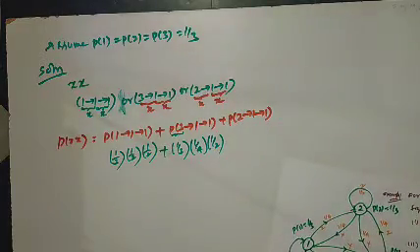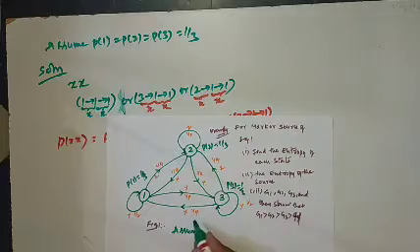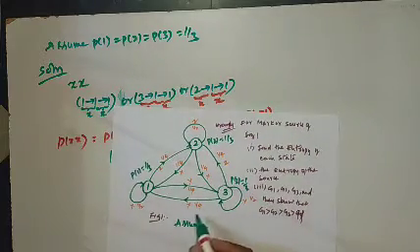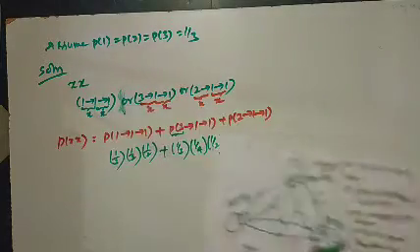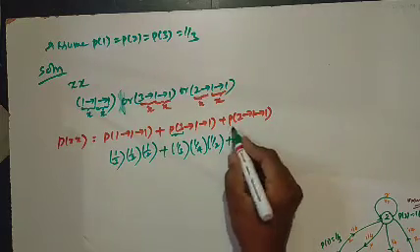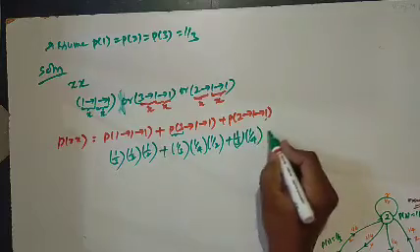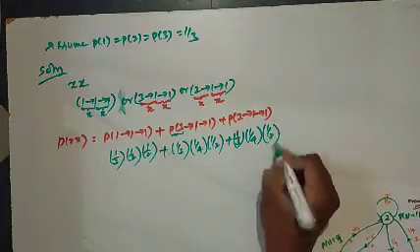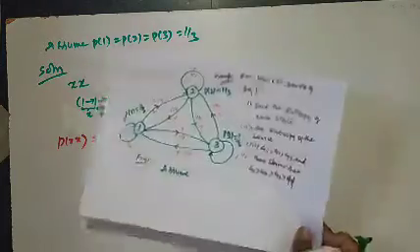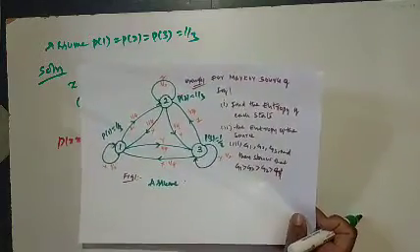Plus, the probability of 2 is 1 by 3, 2 to 1 is 1 by 4, and 1 to 1 is 1 by 2. You may look into this diagram.